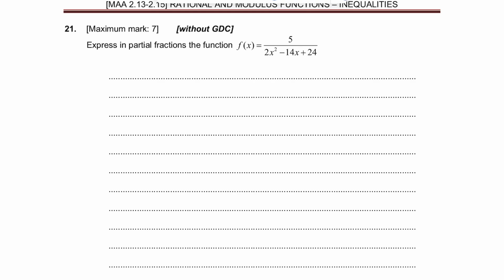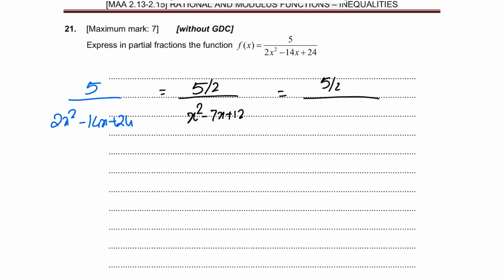So basically it can be written as 5 upon 2x square minus 14x plus 24, which is 5 upon, take 2 common, so x square minus 7x plus 12, so which is 5 upon 2 upon x minus 3 times x minus 4.